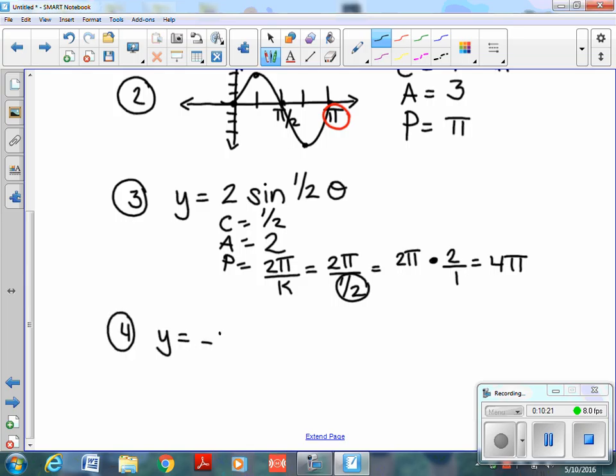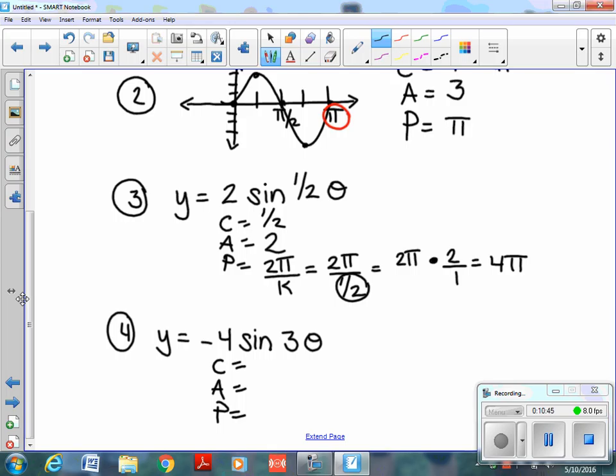y equals -4 sine of 3 theta. Let's find the amplitude, cycle, and period. The number out in front is the amplitude, but they're going to try to trick you. There's a negative sign. Amplitude means height.